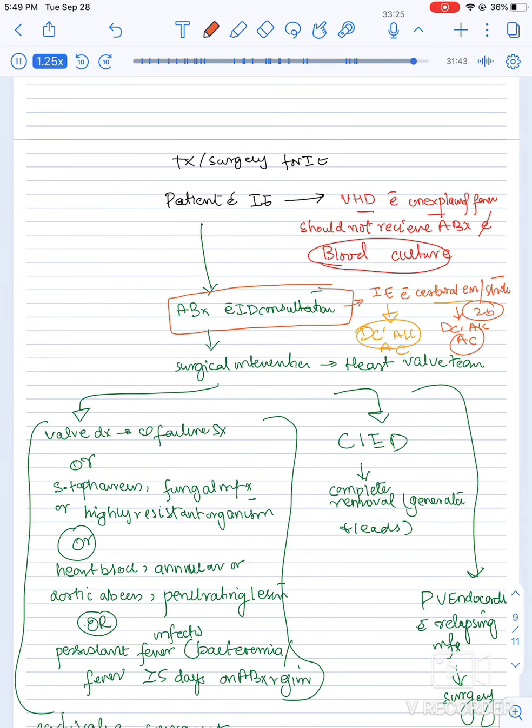So with or without cerebral embolism or stroke, consider temporary discontinuation of the anticoagulation.